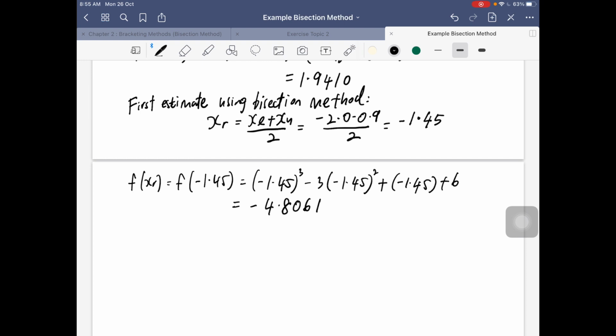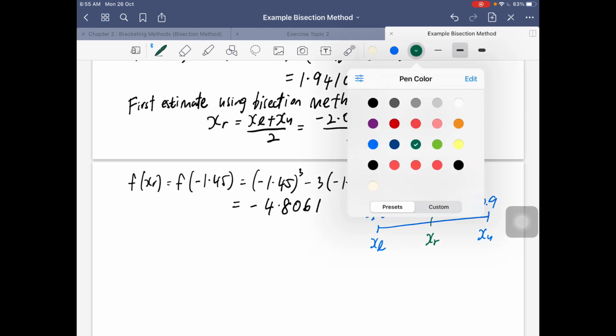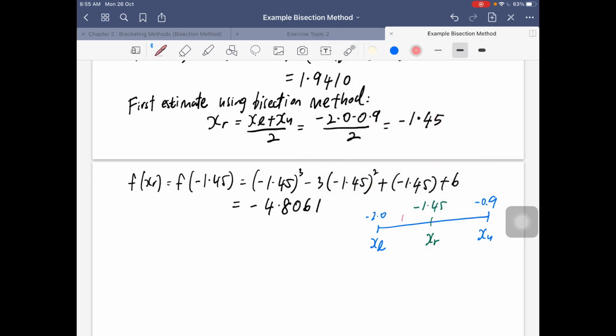Now, if I draw in this line, this is our xL, negative 2.0. This is our xU, negative 0.9. We already have our xR here, our first root estimation, which is negative 1.45. So now we have two subintervals, the lower subinterval and the upper subinterval.